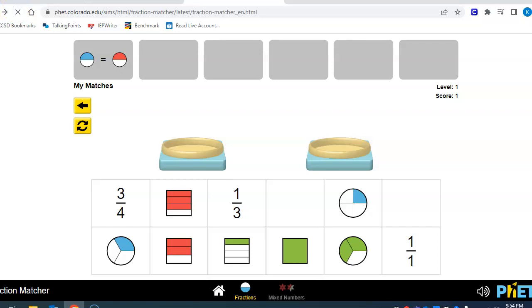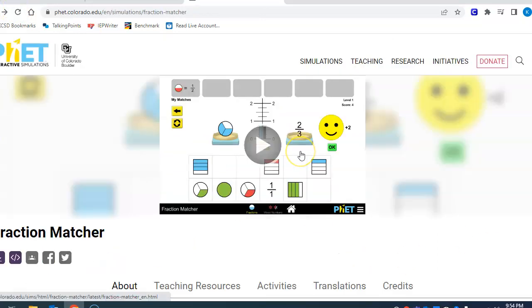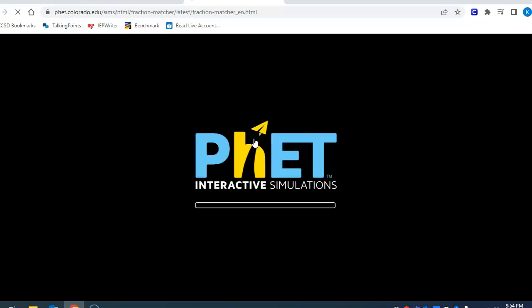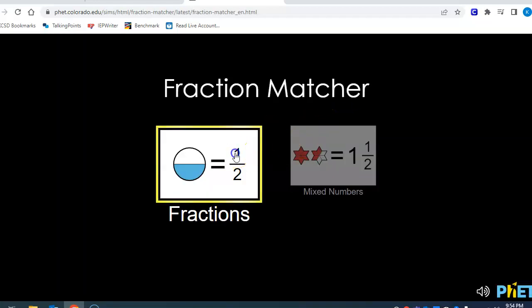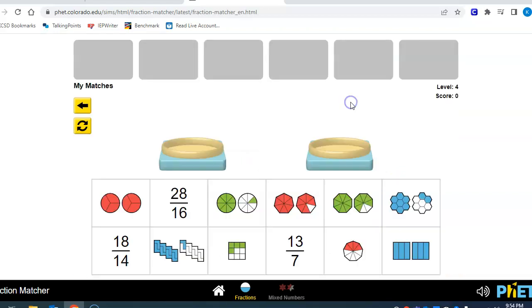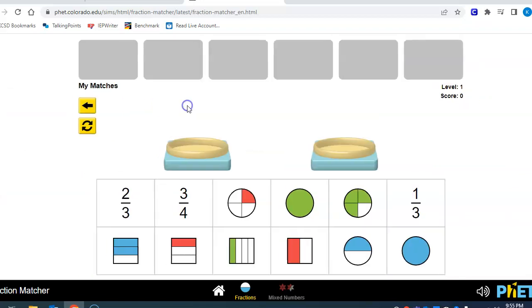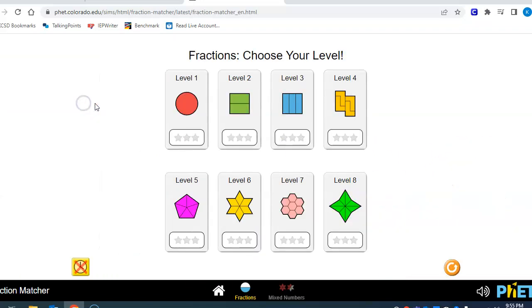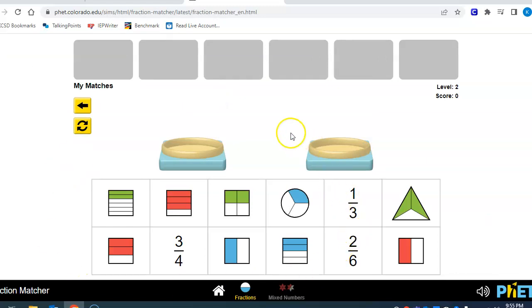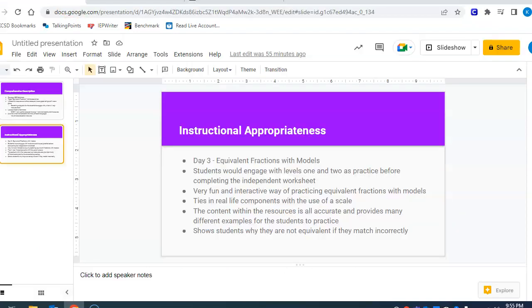The other levels in this resource are a little more challenging. So if we click on the fractions and we go to level 4, some of these work with finding improper fractions and mixed numbers, and that is not something I'm teaching in my unit, so I would only focus on level 1 and level 2 because that is what the students will be engaging with when they are learning the content.